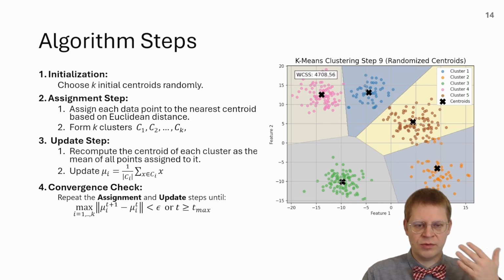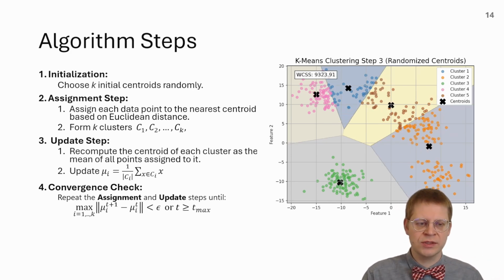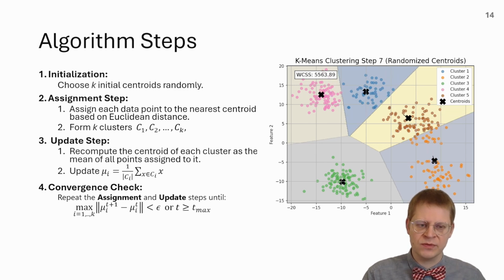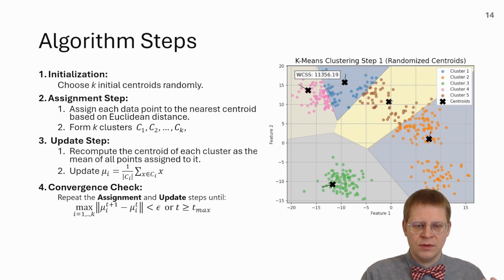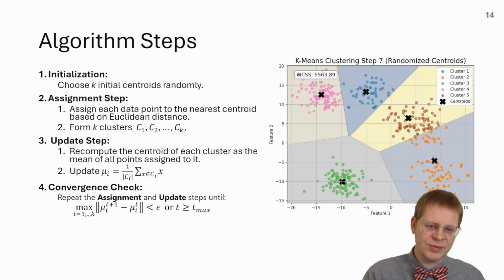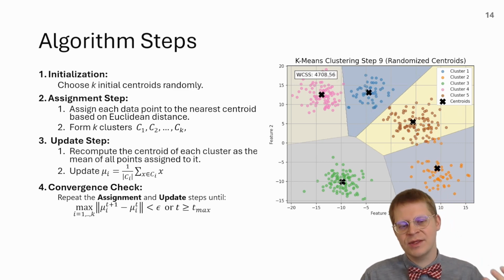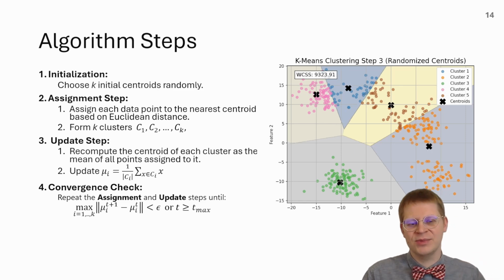Starting with random centroids, each step adjusts the cluster boundaries and refines the centroids to minimize the within cluster sum of squares. Think of this process like organizing a classroom. Initially, students might sit randomly, but over time, they naturally group with their friends, refining their position.